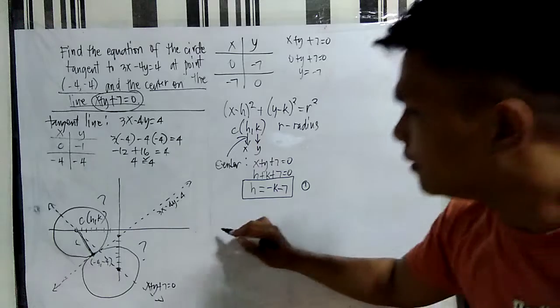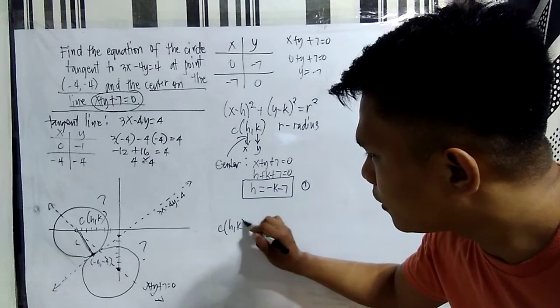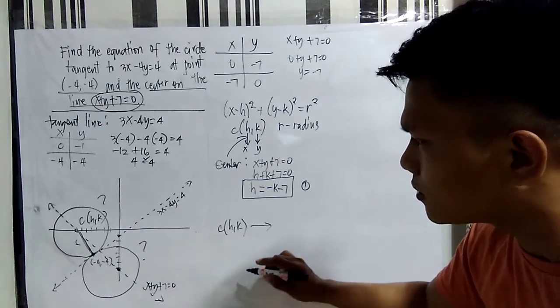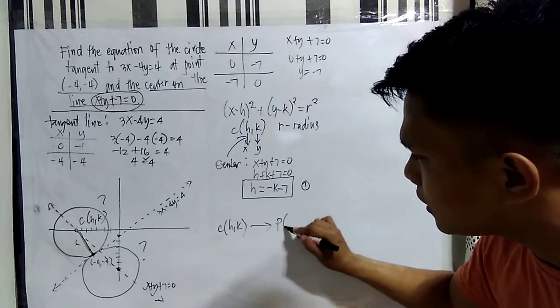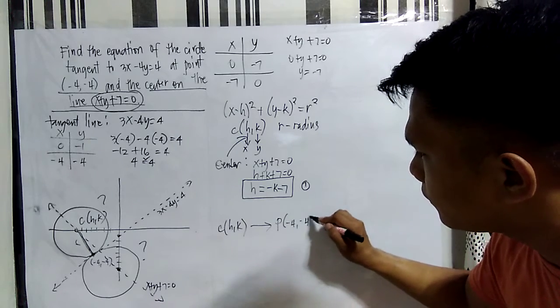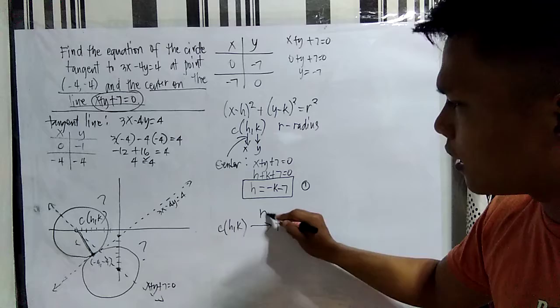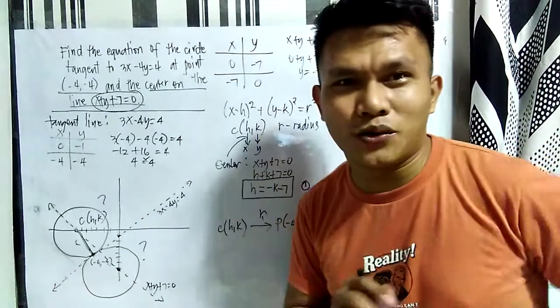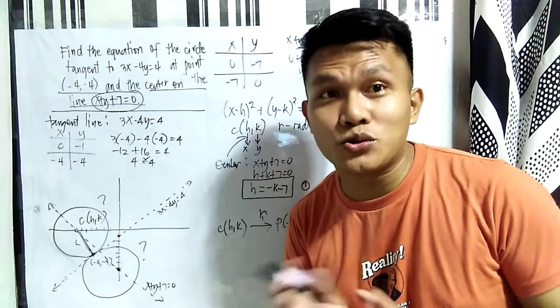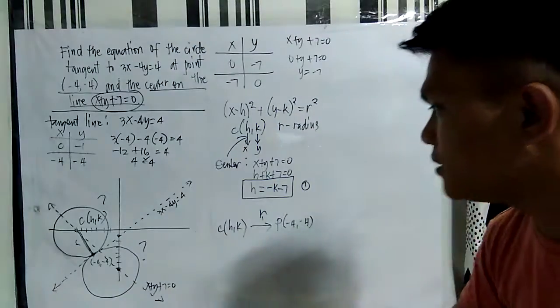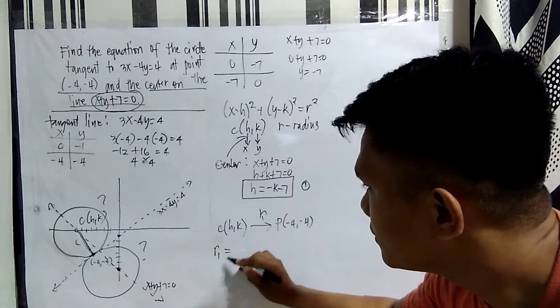Okay, so ulit. The center at hk, if we're going to get its distance from the point of tangency, which is negative 4, this is our radius. Or let us denote it by radius 1.